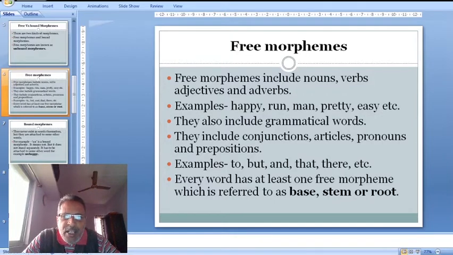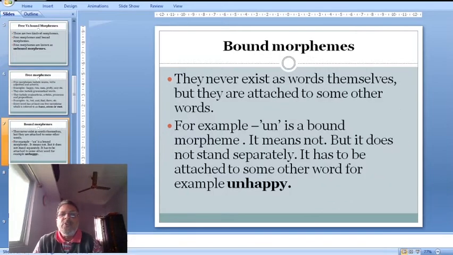Free morphemes also include articles, pronouns and prepositions. For example, to, but, and, that, there, etc. They are also examples of free morphemes. Every word has at least one free morpheme which is referred to as base, stem or root.